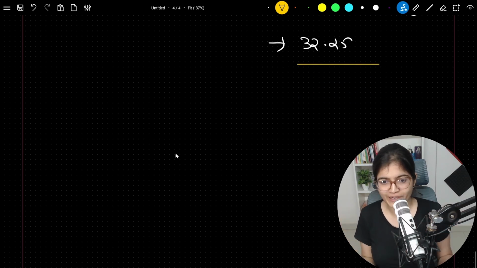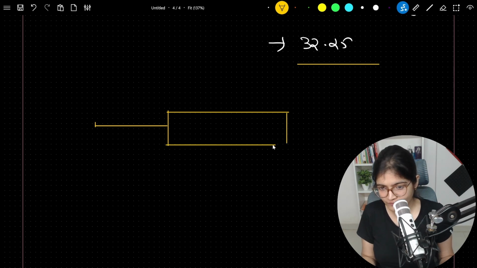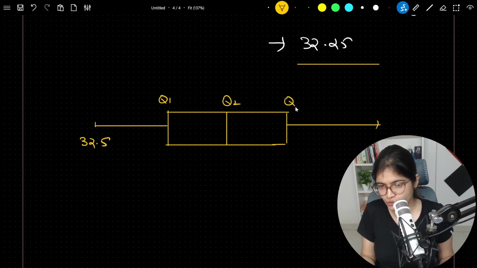So how the box plot will look like now, you will be having a lower whisker, then you will be having a box kind of thing available, then you will be having an upper whisker. This lower whisker value is 32.5. This is what we call Q1. This is what we call Q2. This is what we call Q3.